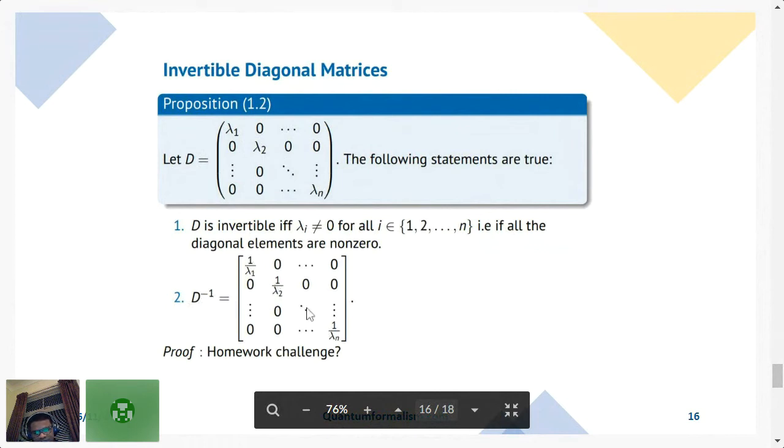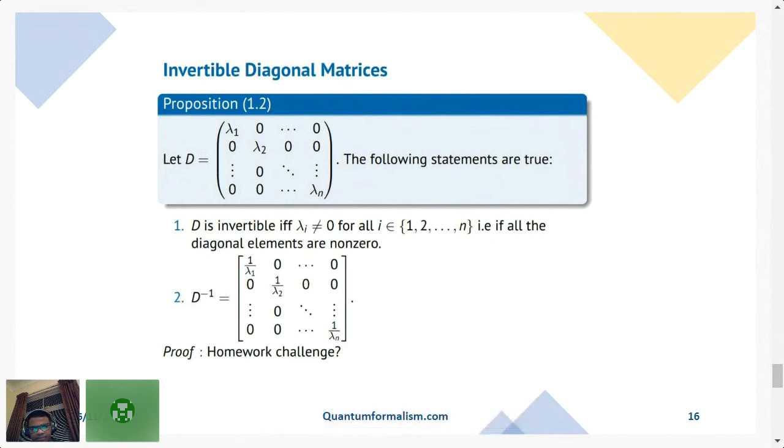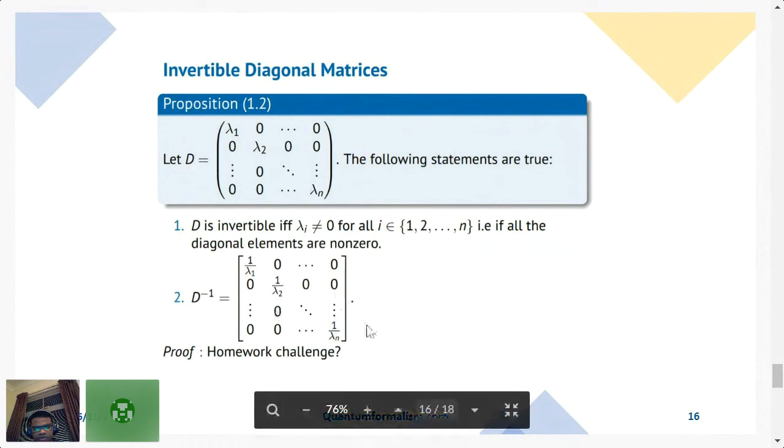So this is the inverse. So this is a home challenge for you, that a diagonal matrix is invertible only if the diagonal elements are non-zero, and its inverse is also given in this form.